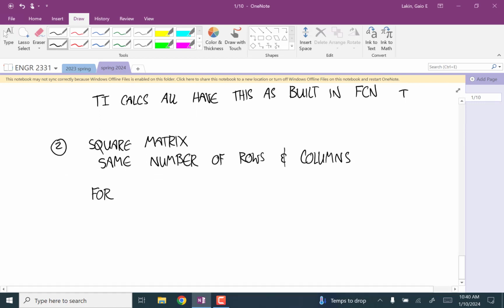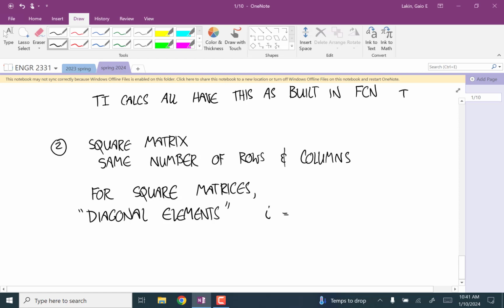For square matrices, we're going to use this nomenclature. For square matrices, the diagonal elements are the elements where i is equal to j. You know, where the two subscripts match each other.